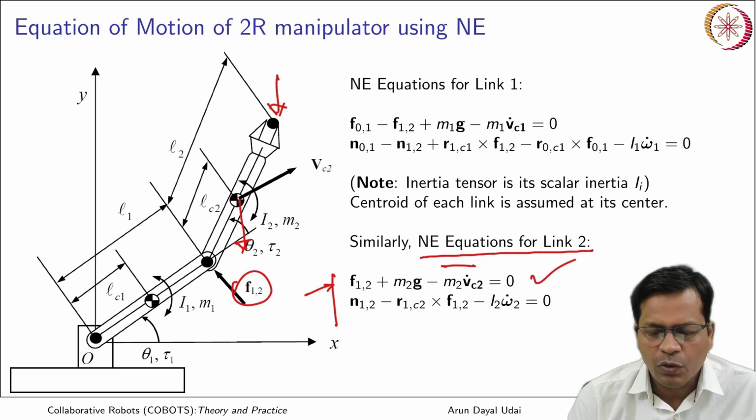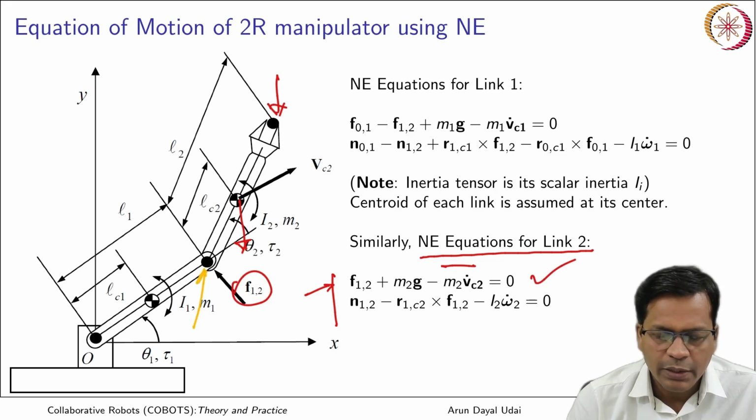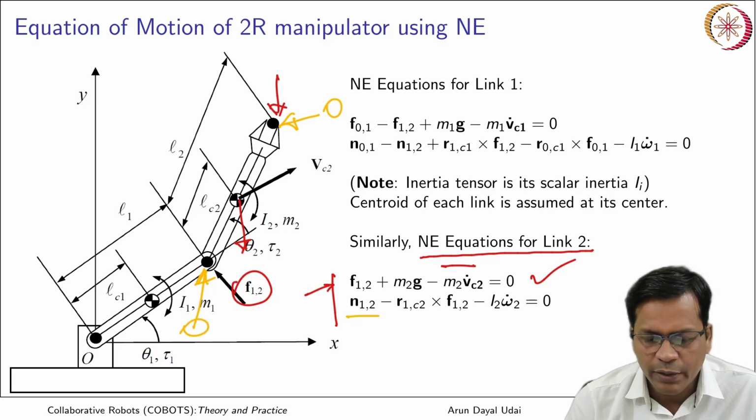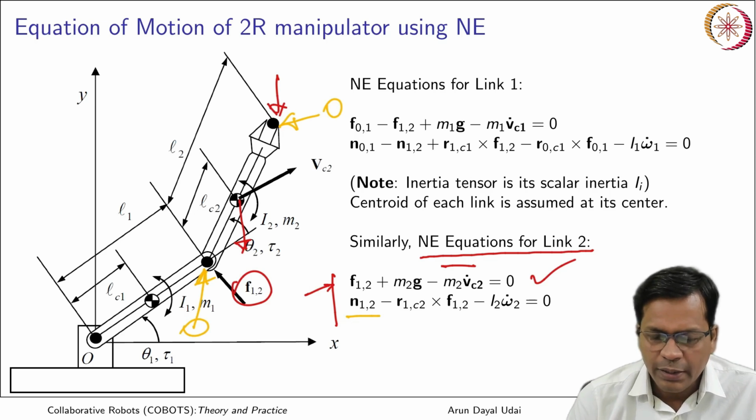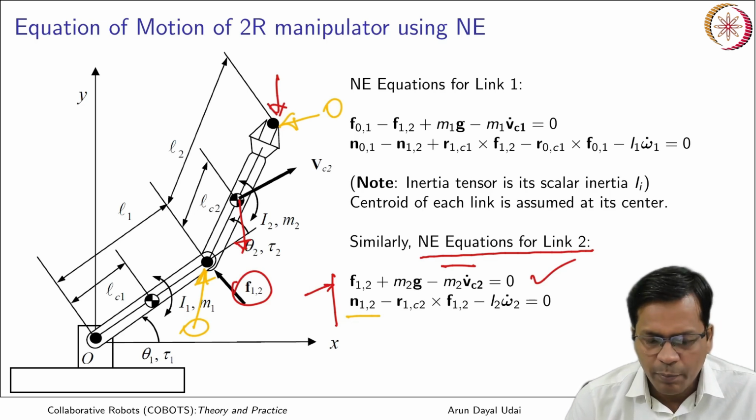This forms your first equation, and the second equation is the moment balance equation. Here you have moment coming from here, moment coming from here, this is 0, and this has some interaction moment, that is N12 which is visible here, and the forces will create some moment as well. So, that can be like this: F12 cross R1C2, that is the component here, and that is all.